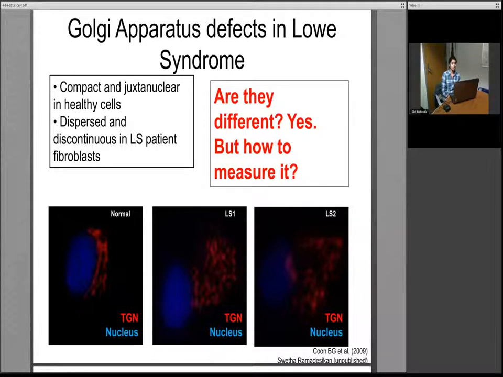But as cell biologists, we are not only interested in qualitative information, but we're also very interested in understanding how quantitatively these biological phenomena are different, in order to provide a statistically significant biological result.